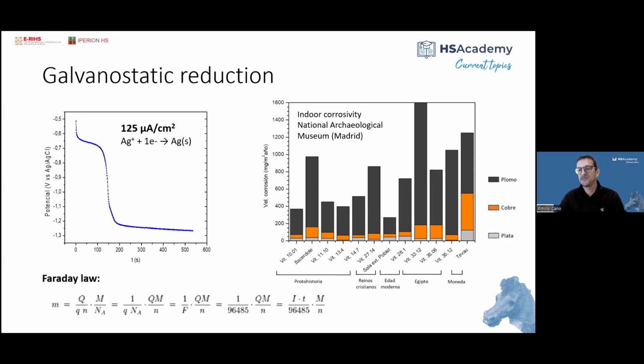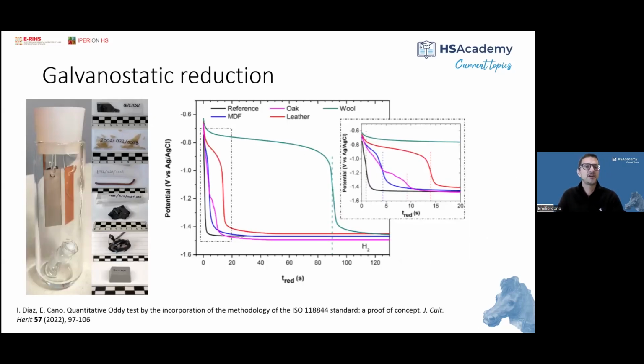And by that, the study was helpful for the conservation department of the museum to assess the corrosiveness of the different areas of different showcases of the museum. This is another example.